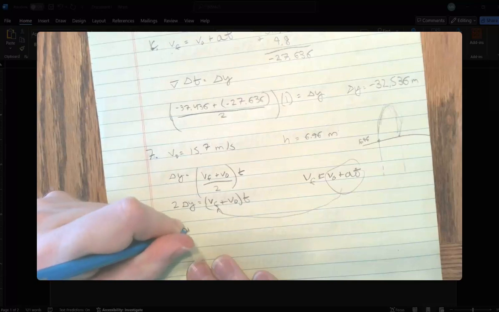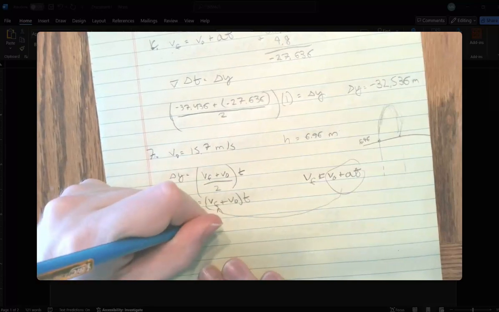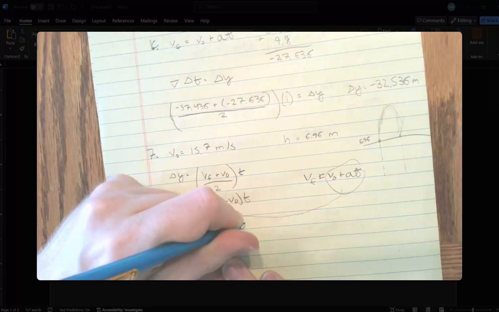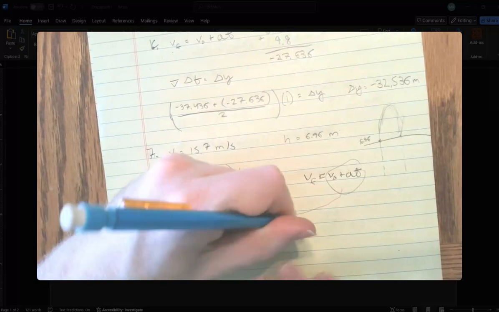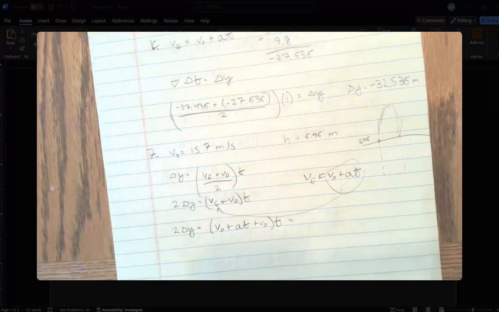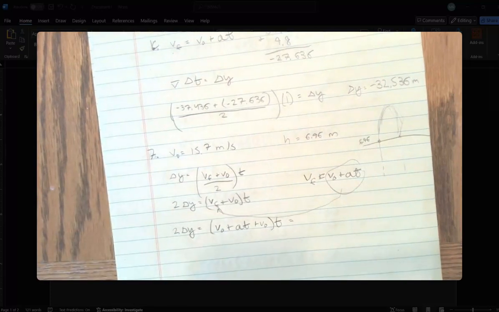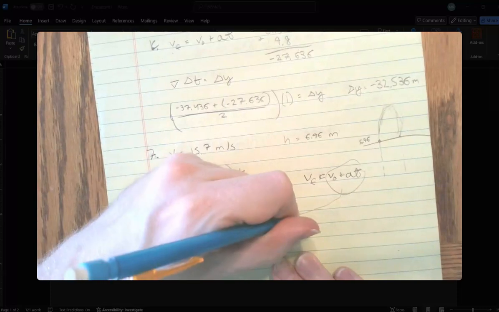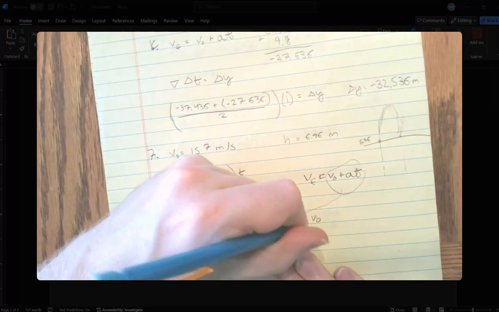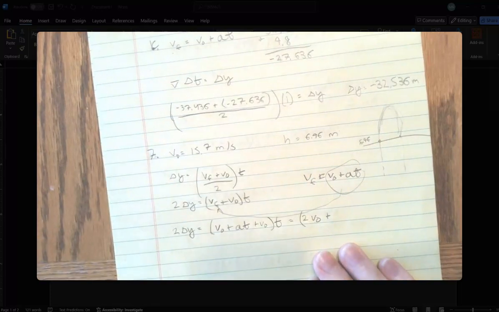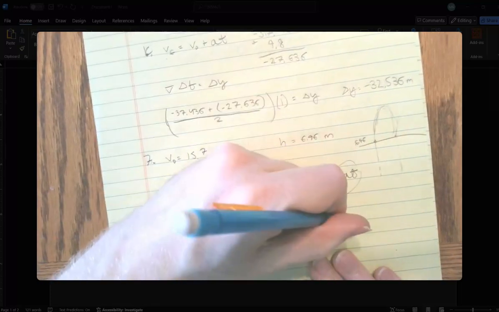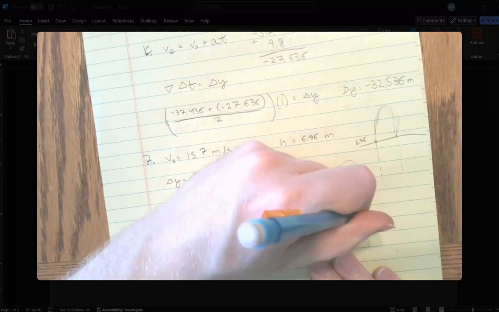So you have 2 times delta y equals v naught plus at plus v naught times t, which equals 2 times my initial velocity plus at times t.